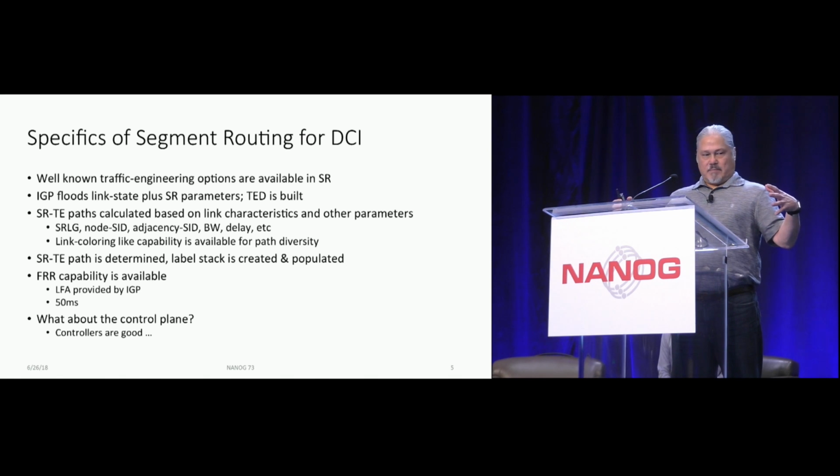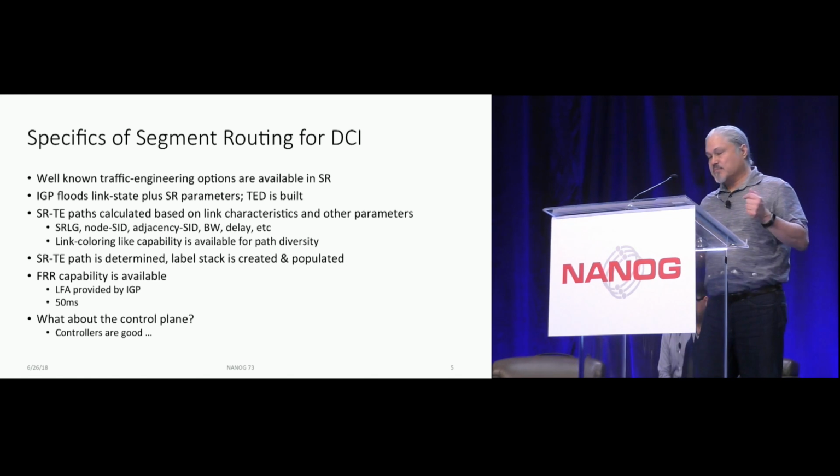A traffic engineering database is built either at the head-end node in a distributed model or in the controller. We'll talk about the controller in a bit. The path is determined. The label stack is created. Again, I'm using the word label stack because we're using MPLS and not IPv6 in the data plane, and that's populated on the head-end router. Pretty basic. So that gives you some of the traffic engineering capabilities.